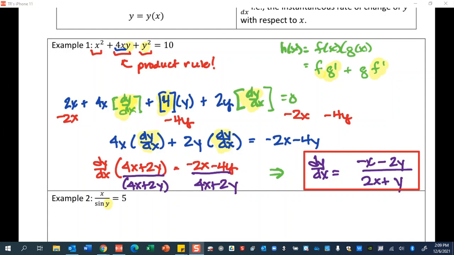The product rule comes in so many different formats because of the commutative property. So if you look over here, I summarized the product rule for us, right? The problem with the product rule is that it's all commutative.